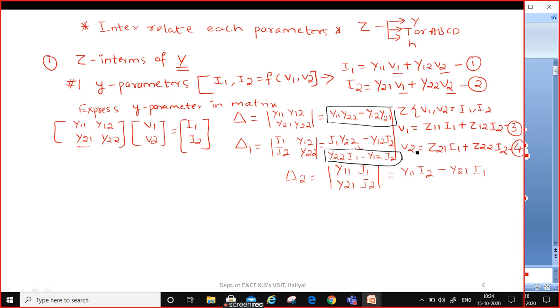And if you express delta 2 in terms of I1 and I2, you can get it as minus y12 I1 plus y11 I2. Keep these things in your mind first. Is it clear now why we are writing delta, delta 1 and delta 2? Now if you want to find v1, can anyone tell me how to find v1?